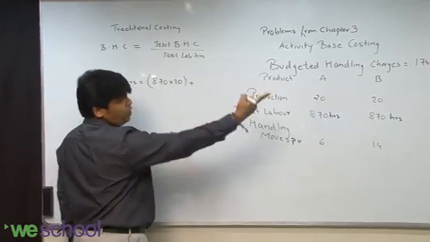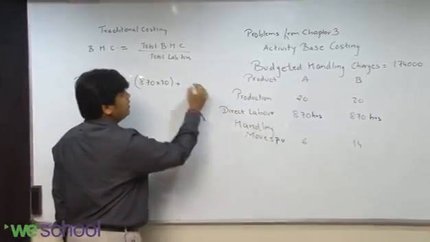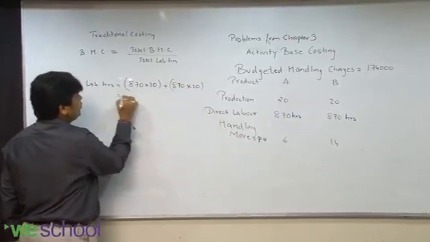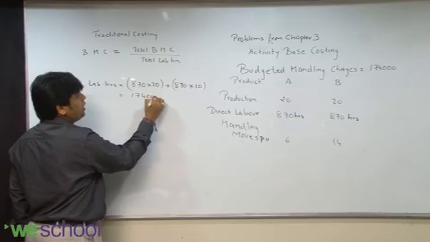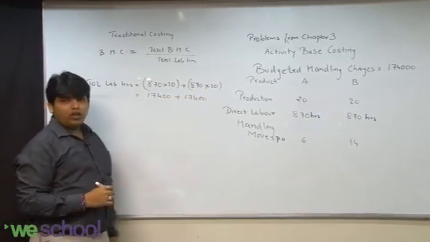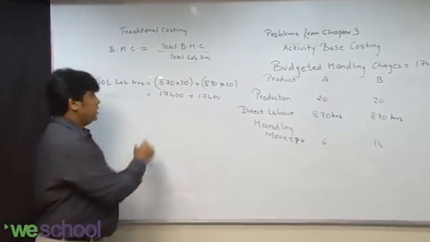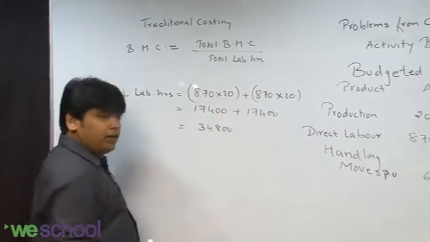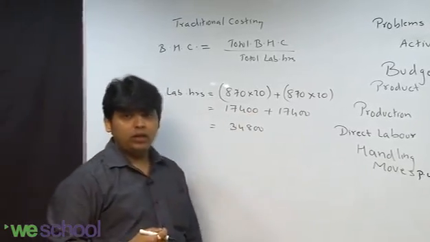Plus for B also, the same 870 into 20, again 17,400. Now can you help me with the total? That gives you 34,800. Please check if I am wrong.